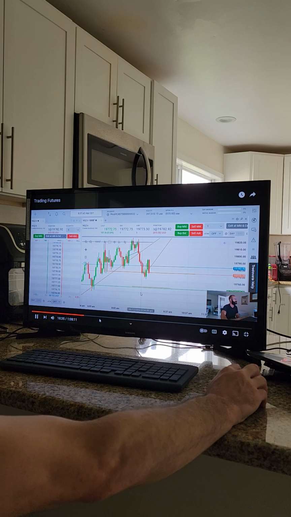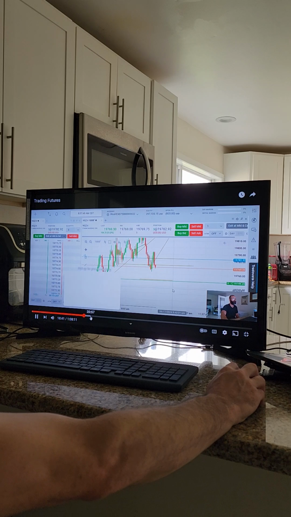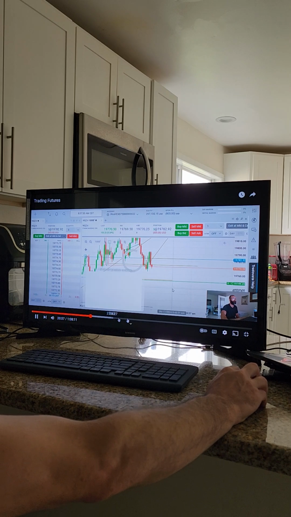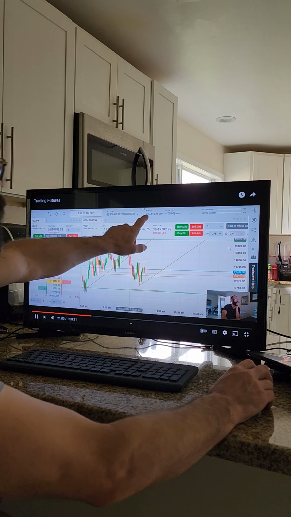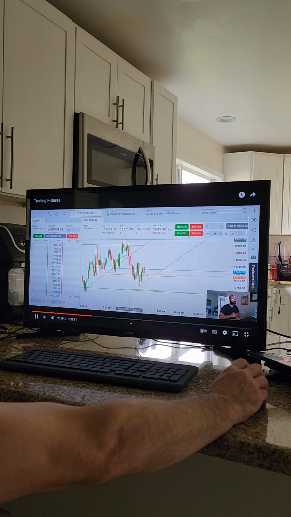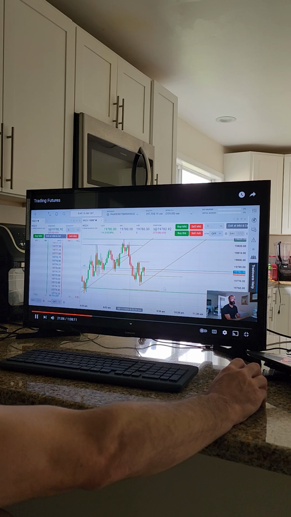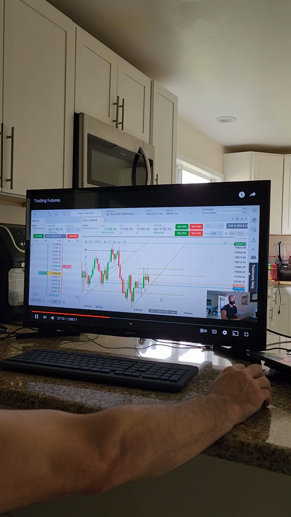Let's go a little further into it. Currently still in a long. You see I never switched my bias from being bullish to bearish. Okay, you see my equity is just at 2,700. I'm down for the day. I'm down 300 on the trade. Let's go here.